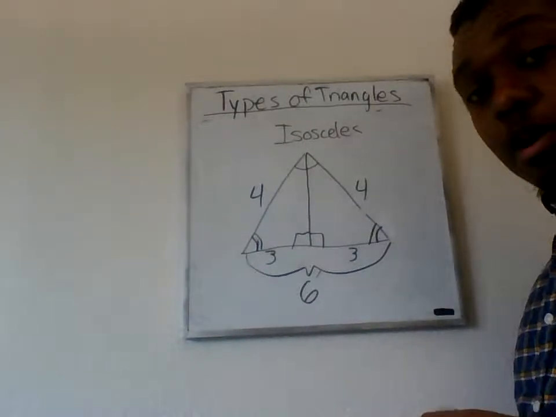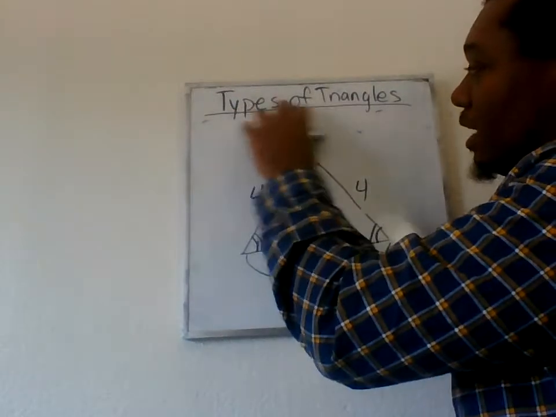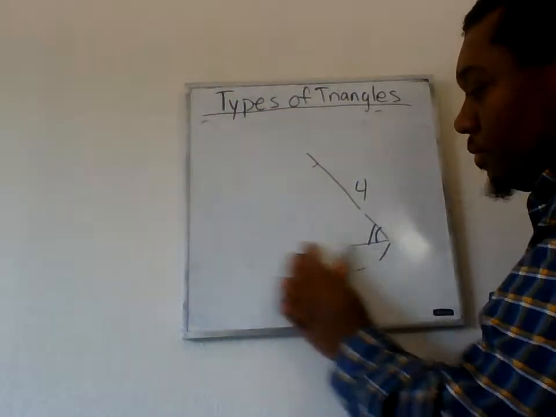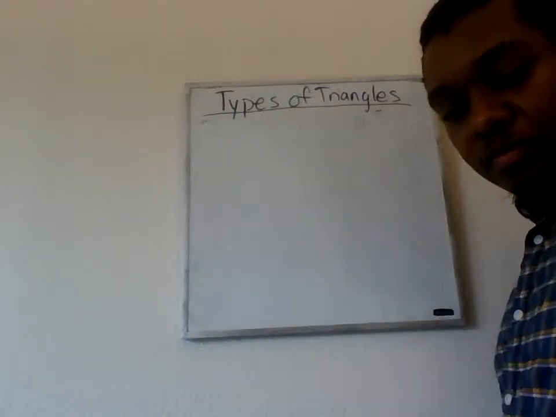Okay, so we're almost done. So next, let's look at equilateral. So equilateral is an isosceles triangle where all three sides are equal in measurement.